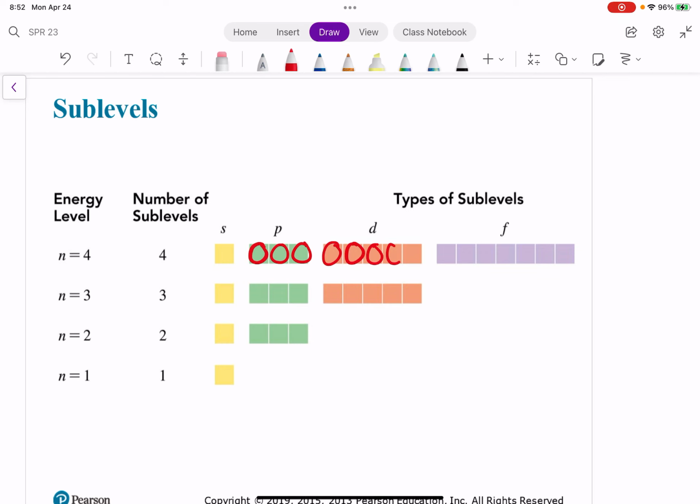So your D has 5 orbitals, 5 d orbitals in your D sublevel. And each of those orbitals can hold how many electrons? Yeah, 2. Each orbital can hold a max of 2 e minus electrons.